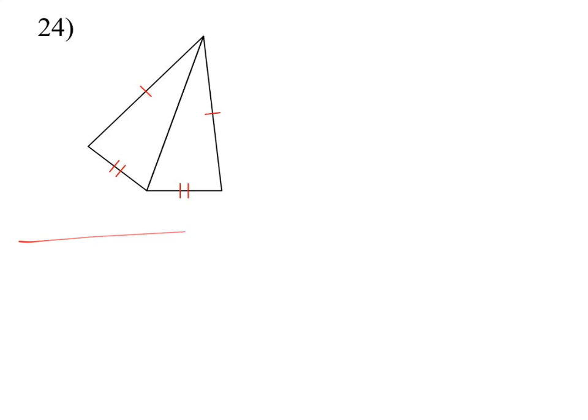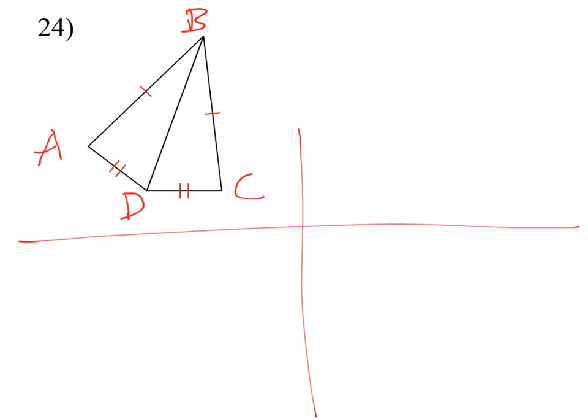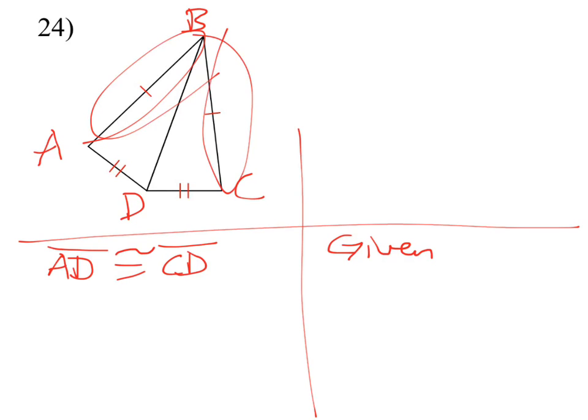On 24, again, get yourself a couple columns. Let's label stuff. A, B, C, D. These two sides are congruent to each other. So that's AD and CD. And that's right on the picture, and that's a given. And I know these two sides are congruent to each other.